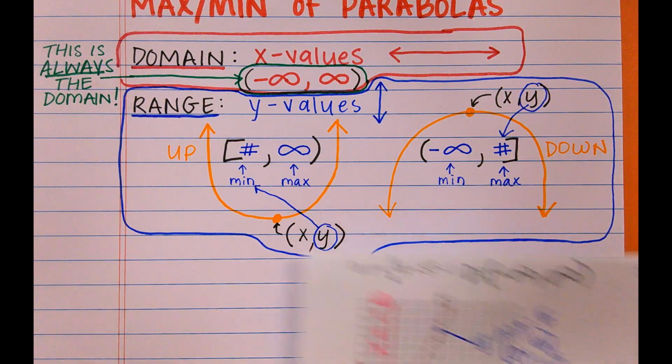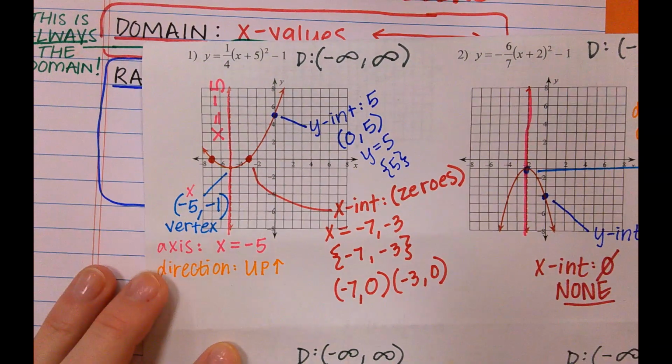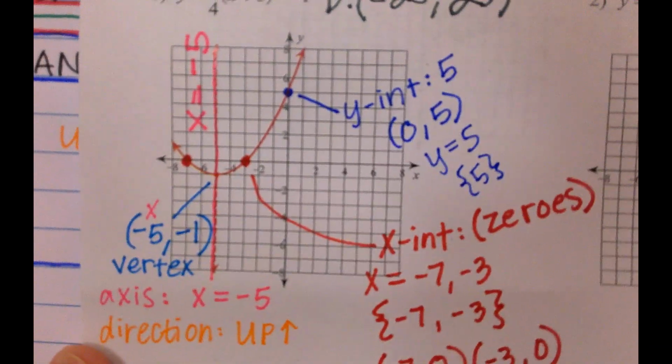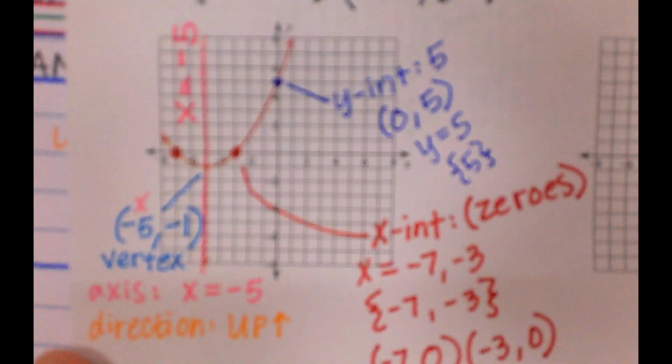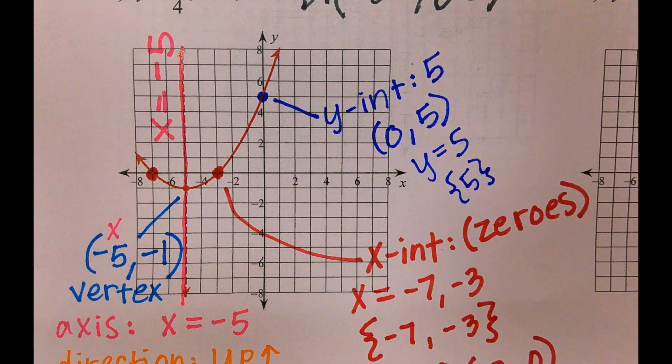Okay, so let's look back at number 1 again, and this time we're going to think about the range. My range is how far down on the y-axis does this graph go, and how far up does it go.